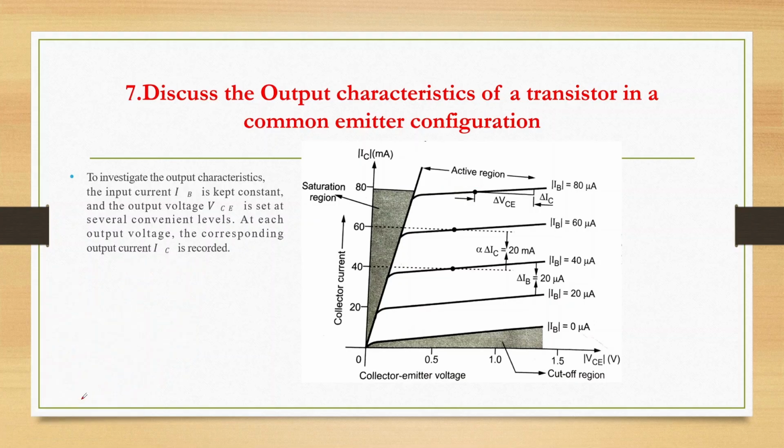In the cutoff region, what happens? The BE as well as CB junctions are reverse biased, and it acts as a switch, that is, off. Because IB is 0, IC is 0, though a small collector current exists.